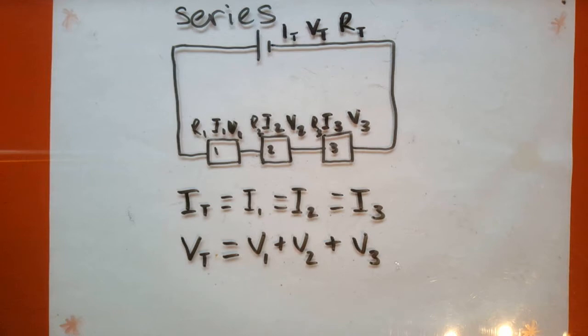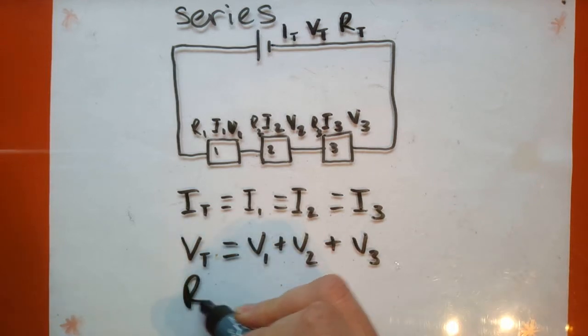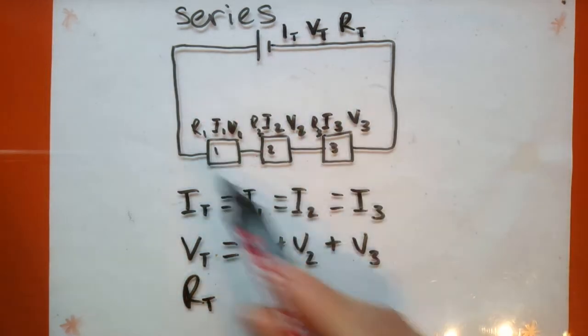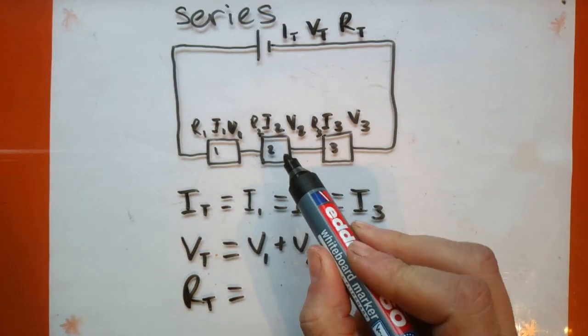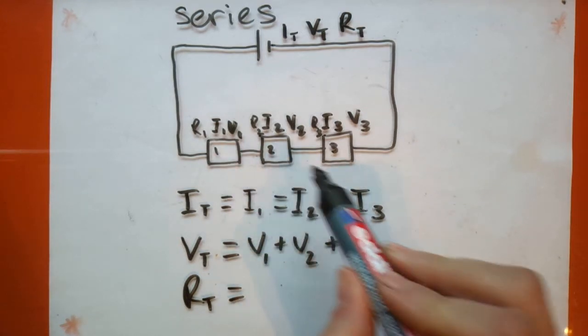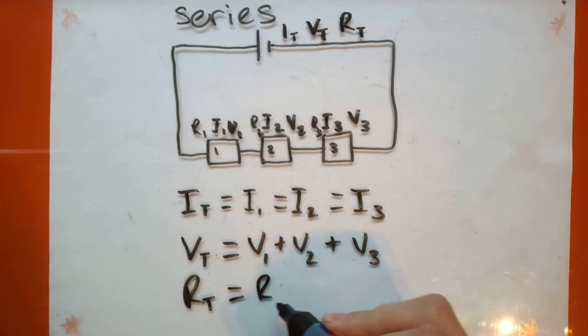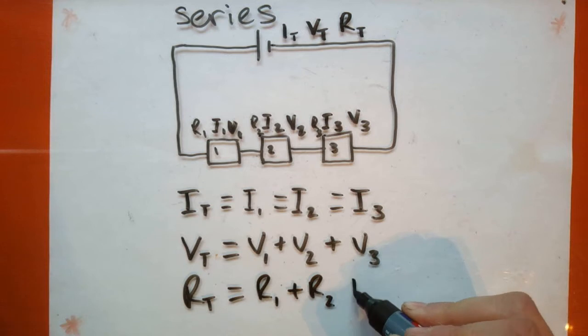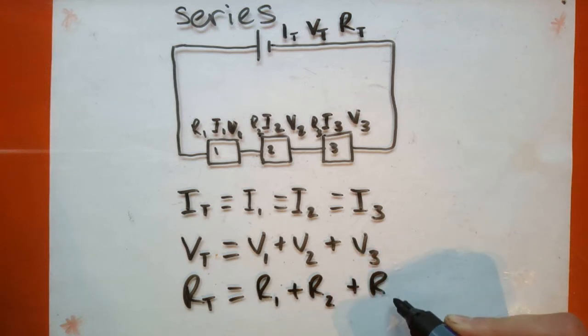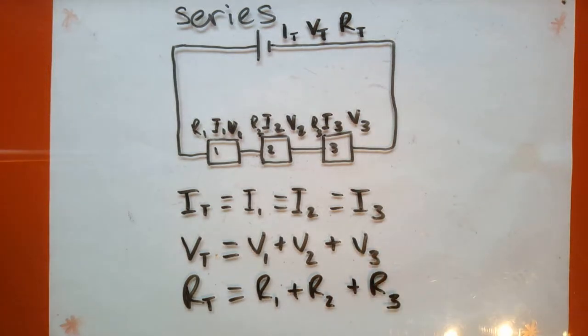This one's nice and simple actually. The total resistance of this circuit is this resistance, add this resistance, add this resistance. Really nice and simple. You just add those resistances together. So the series one, really nice.